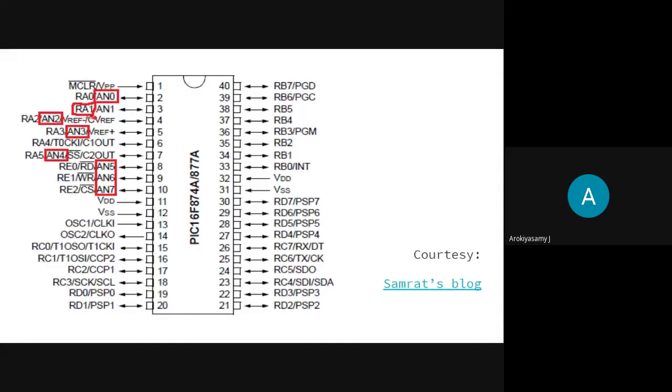This constant reference voltage is supplied to that pin when this port is acting as an analog to digital port. So these 6 pins will either act as analog to digital converter pins, or as port A bits. These 2 functions are intelligently multiplexed.